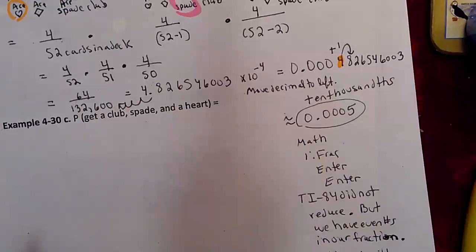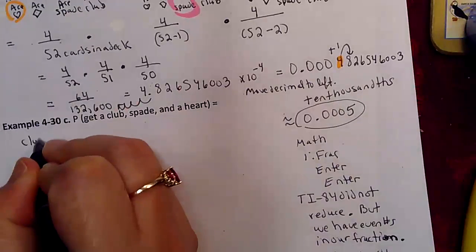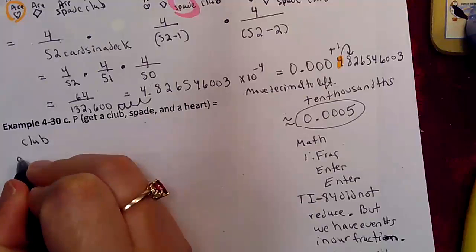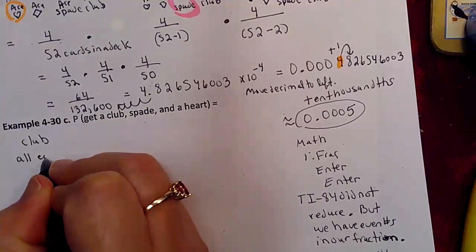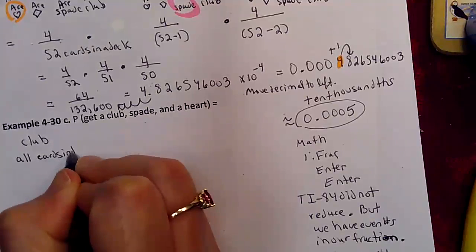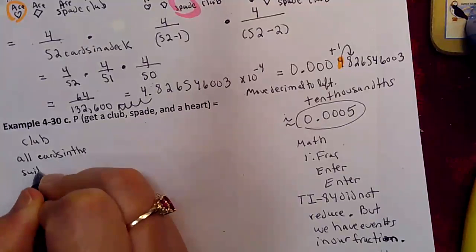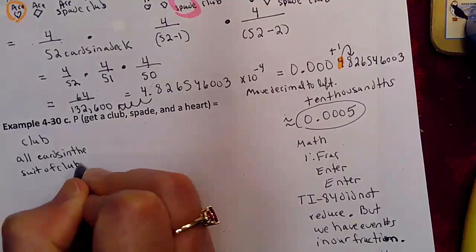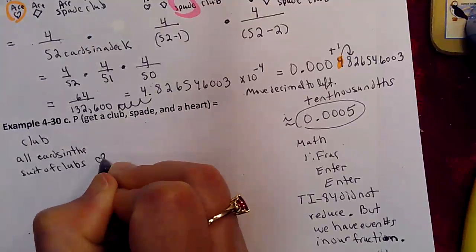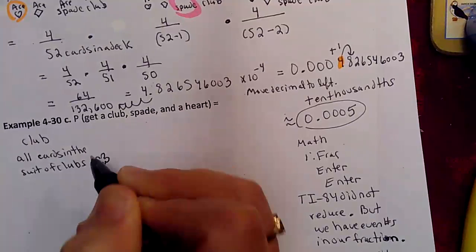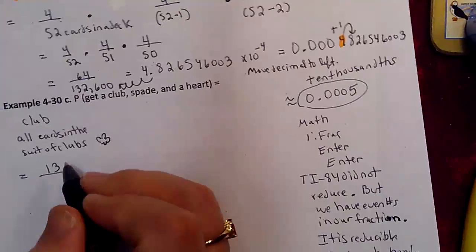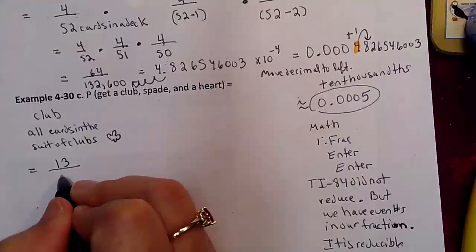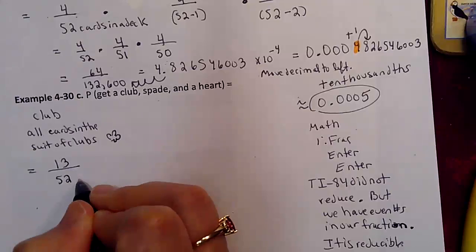So when you're choosing a club, you have all cards in the suit of clubs, and so I can draw a club. So there's 13 of them. There's 13 cards, and there's 52 cards in a deck.